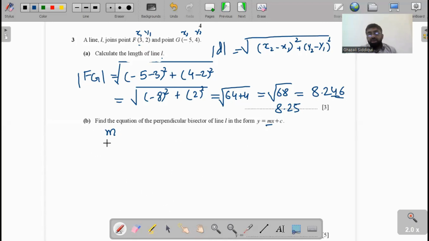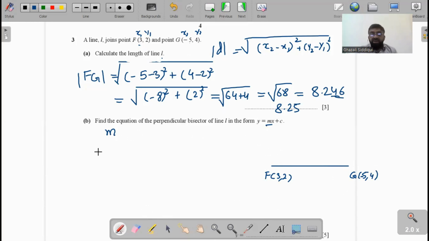Now for the gradient of this perpendicular bisector line, first calculate the gradient of the line L. This is the line L, and the point F is (3, 2), and the point G is (-5, 4).